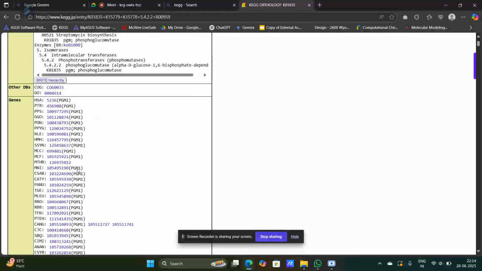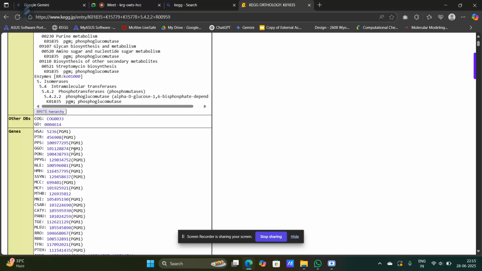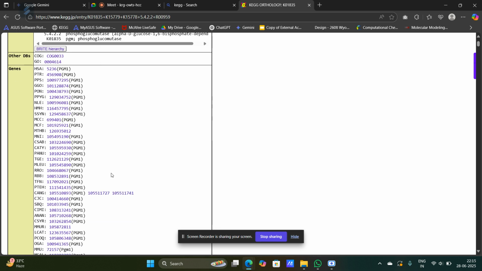They code for phosphoglucomutase. There might be slight differences, but what they do is the same. They take part in glycolysis and do the same job as phosphoglucomutase. That's why even the short gene symbol is the same, PGM, PGM, PGM everywhere. Are you able to understand?